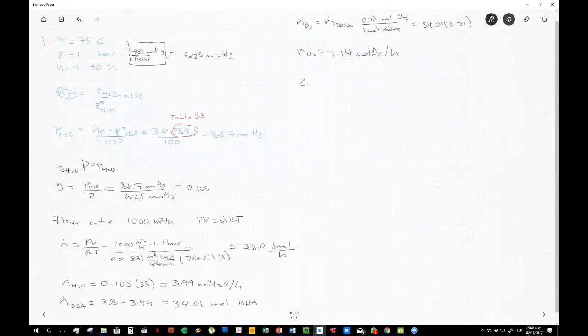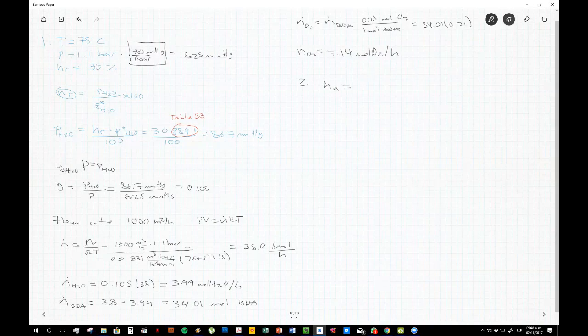So the absolute humidity, HA, will be the total number of moles of water. So in this case, sorry, I have something that is incorrect over here.